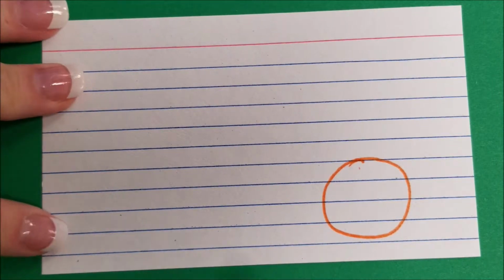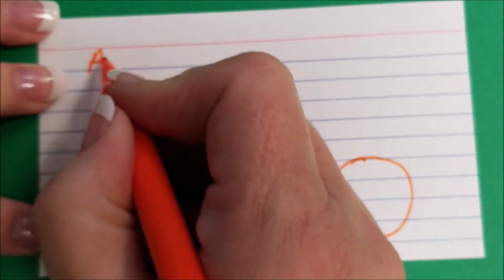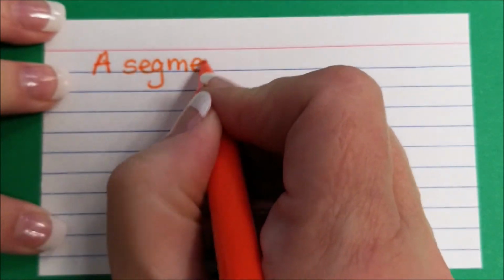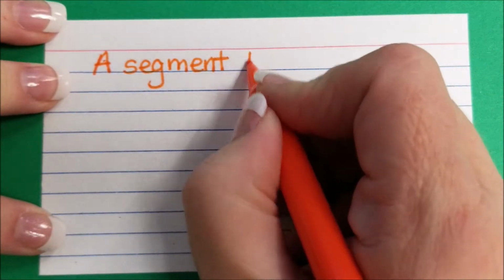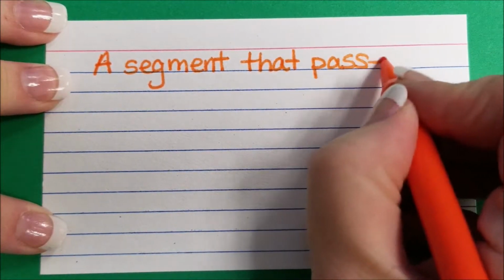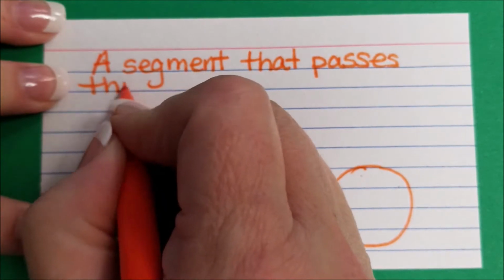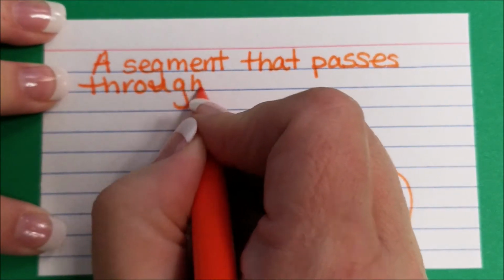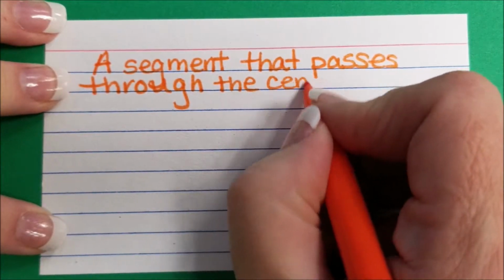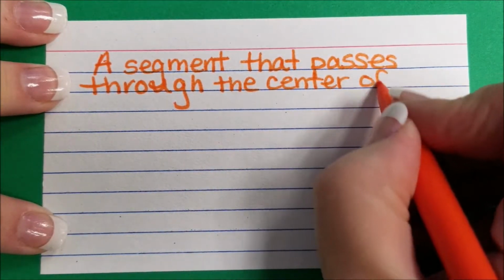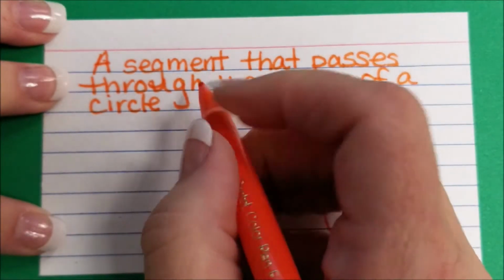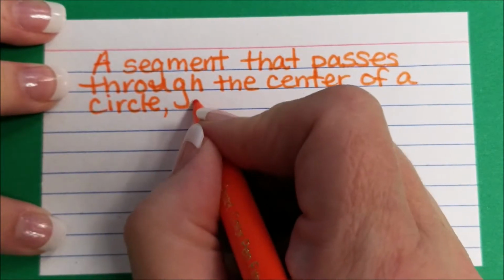A diameter is a segment, so it has endpoints, that passes through the center of a circle, and whose endpoints are on the circle.